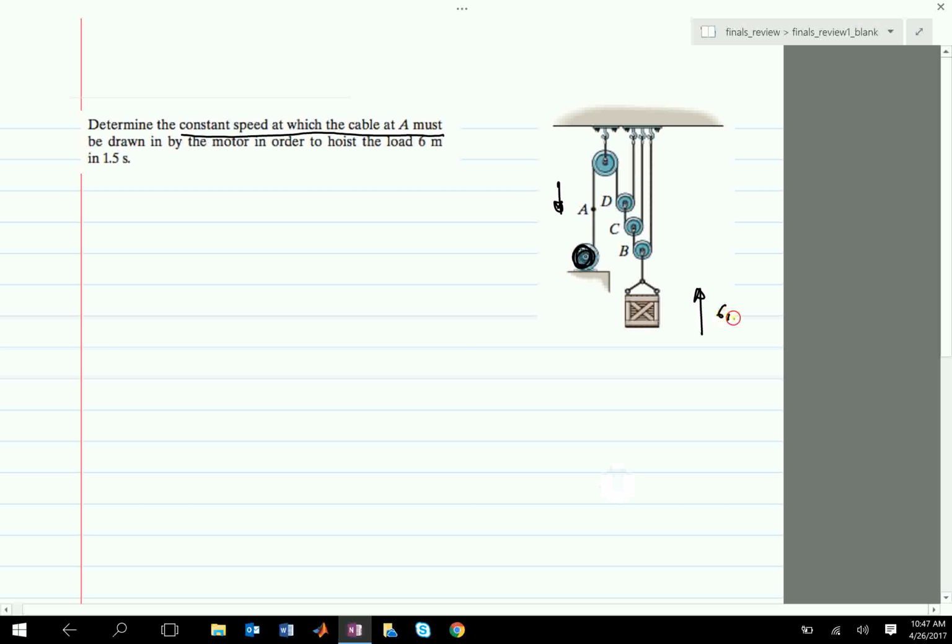So given 6, this should move 6 meters in 1.5 seconds. So assume it starts from rest. So the initial velocity is 0, it moves 6 meters, 1.5 seconds. You've got to find the speed at which A should move.